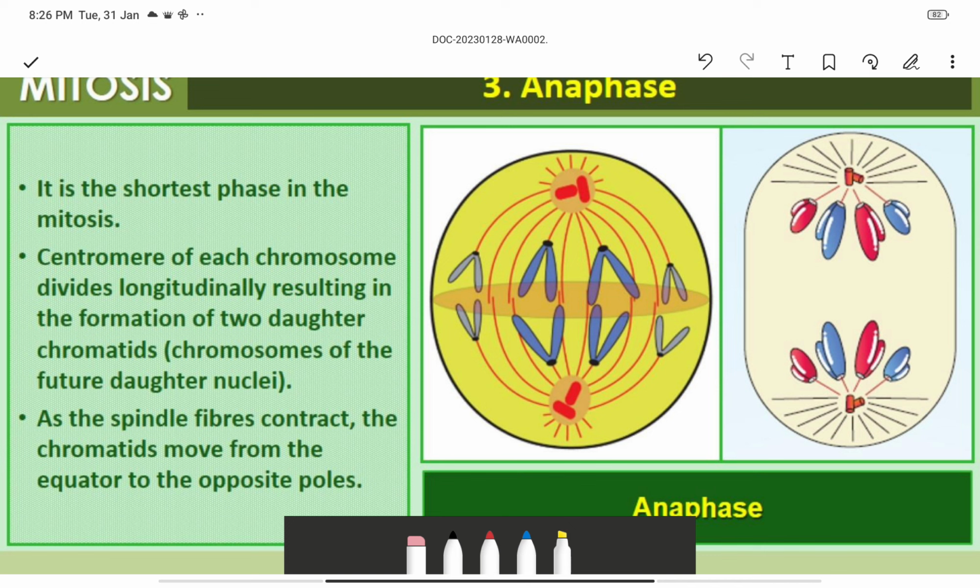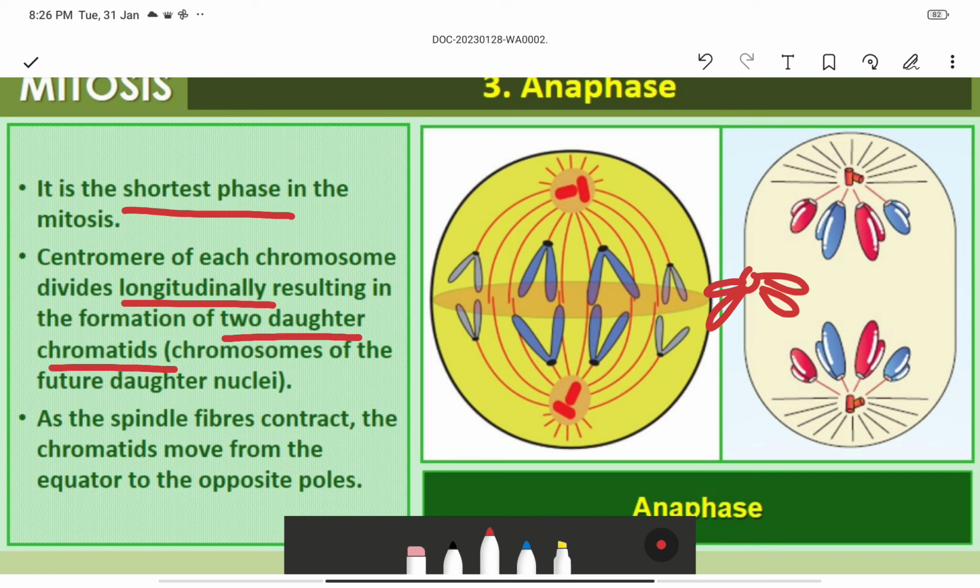In the anaphase, you can notice majorly that this is the shortest phase in mitosis. The centromere of each chromosome divides longitudinally. The chromosome, which previously has two sister chromatids, will divide longitudinally. It forms two daughter chromatids, which are the chromosomes of the future daughter nuclei.